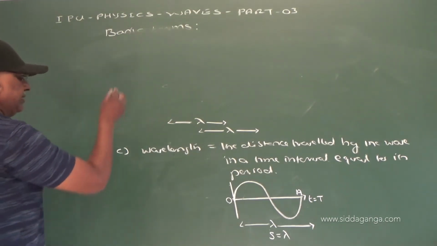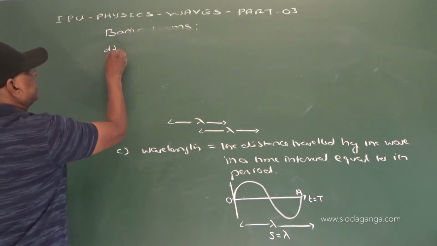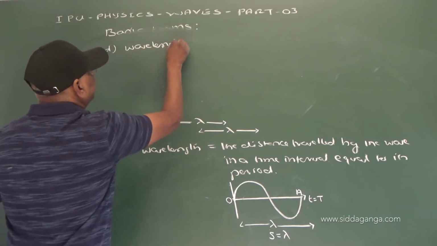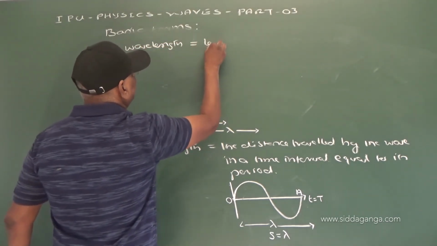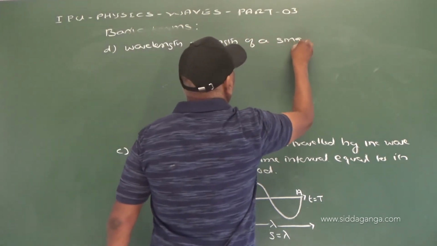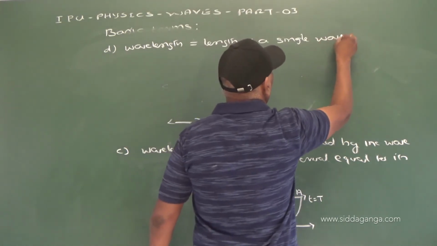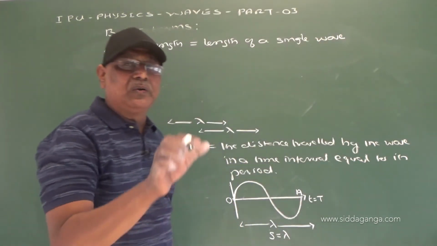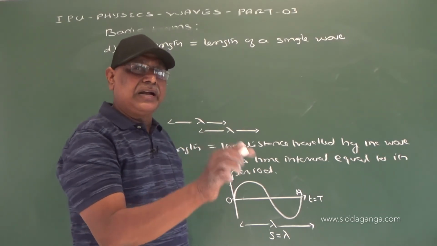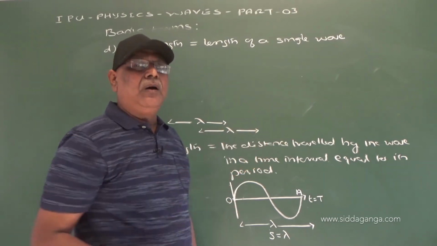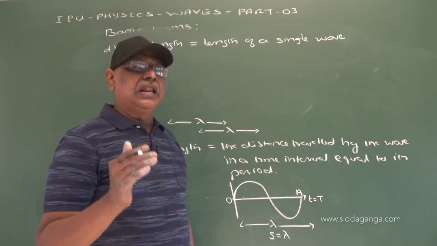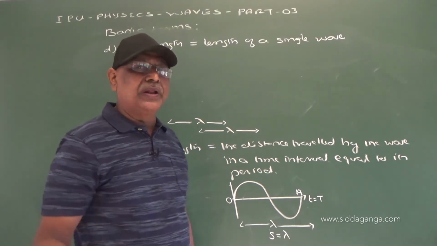Wavelength is also equal to the length of a single wave, that is, the length of successive crests and a complete transverse wave, or it is equal to the length of one longitudinal wave.